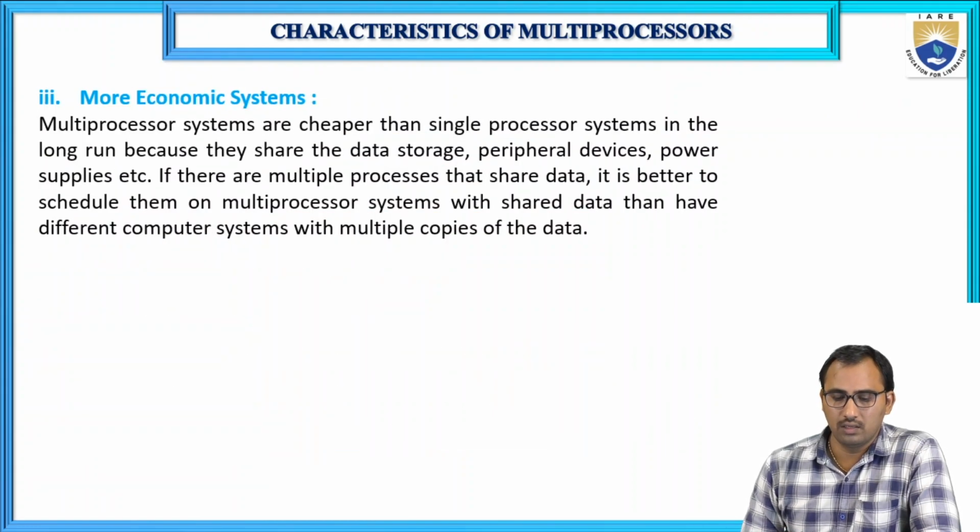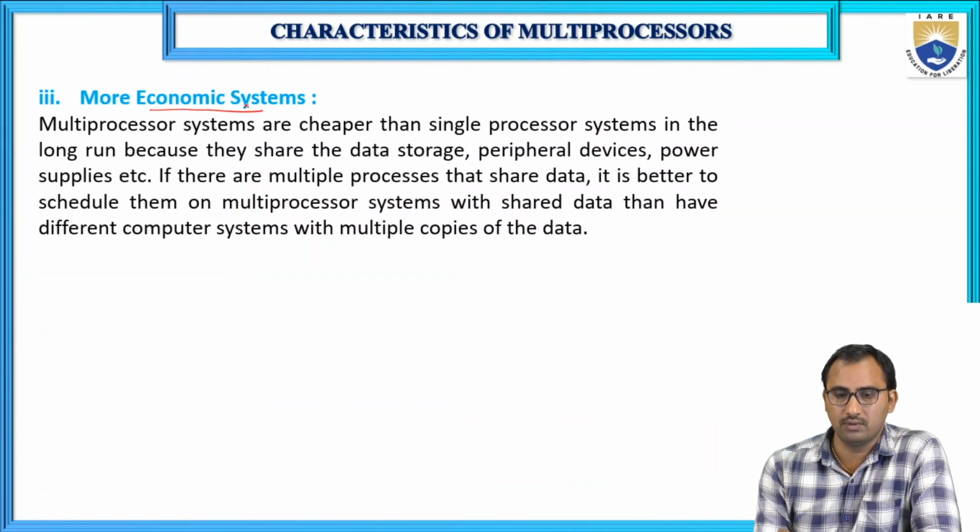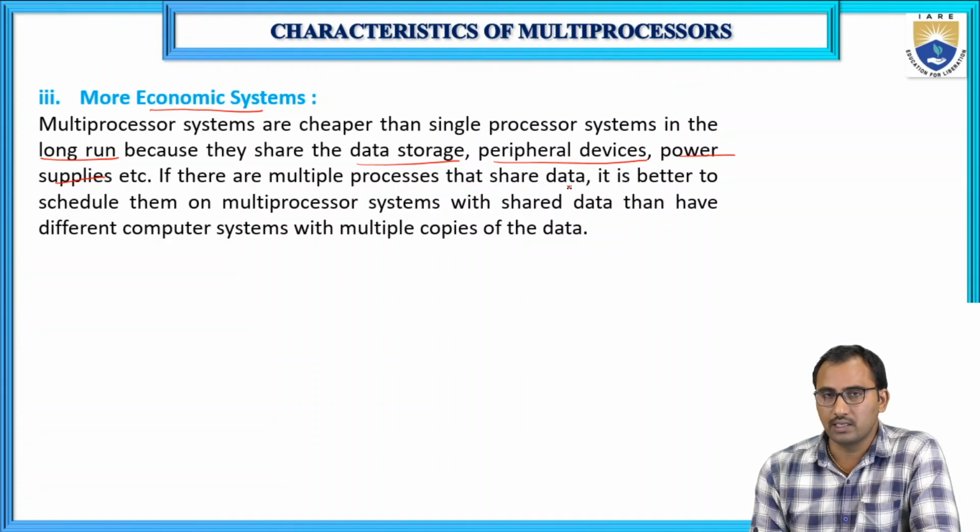And coming to the third advantage, that is more economic systems. Multiprocessor systems are cheaper than single processor systems in the long run, because they share the data storage, peripheral devices, power supplies, clock, etc. If there are multiple processes that share data, it is better to schedule them on multiprocessor systems with shared data than to have different computer systems with multiple copies of data.